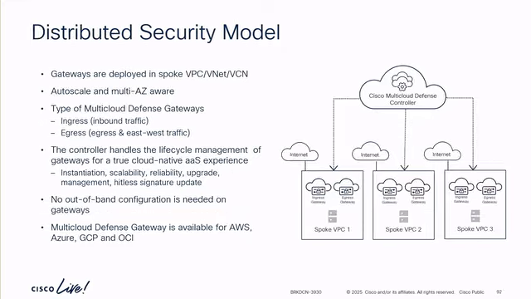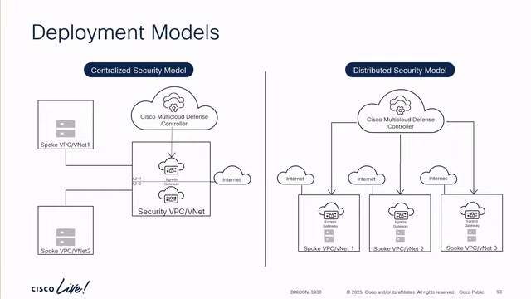They also support an ability to distribute their gateways. So instead of hooking it through that dedicated security VPC, I can move the gateways out into each of the individual VPCs where the workloads themselves live. So if you look at this side by side, again, a centralized model, a distributed model.